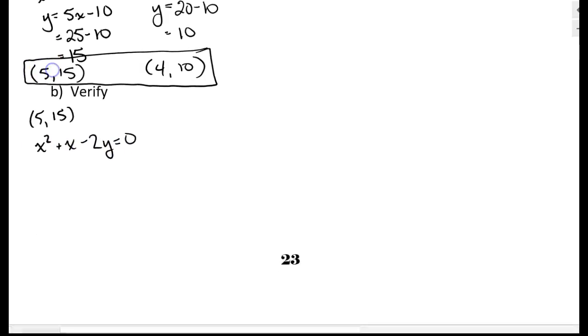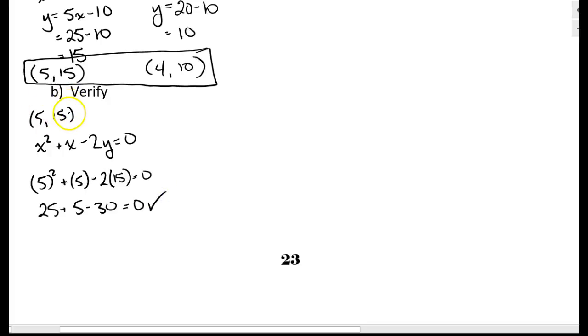So I need this to be true. So we've got 5 squared plus 5 minus 2 times 15 equals 0. Well, that's 25 plus 5 minus 30 equals 0. That is true. So this point is good to go.